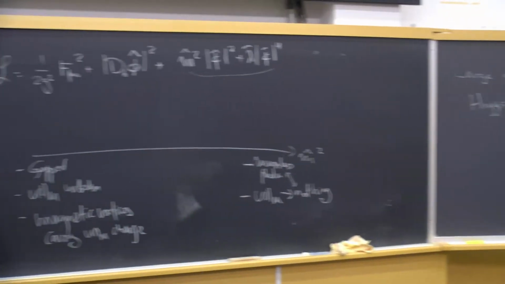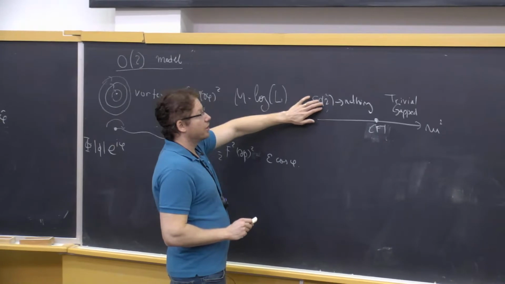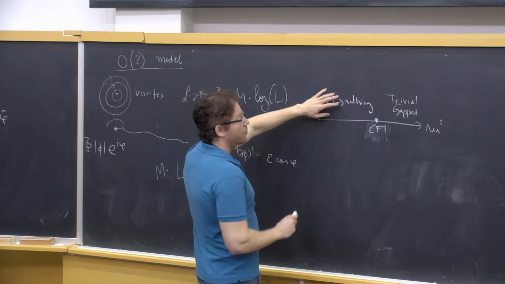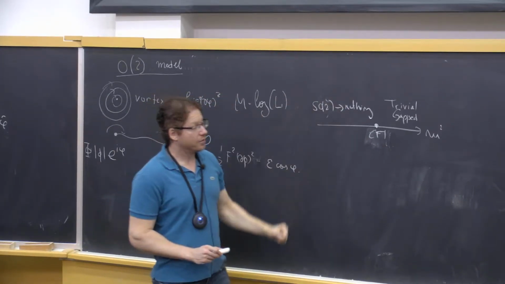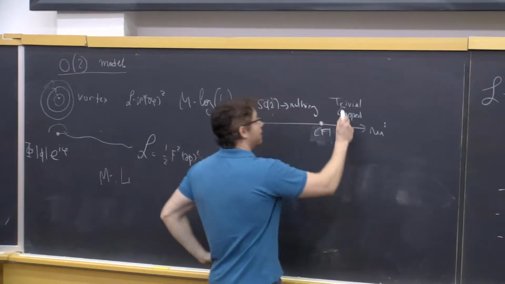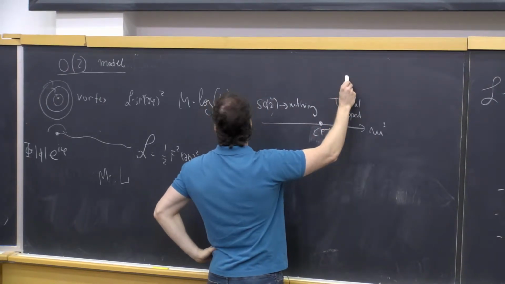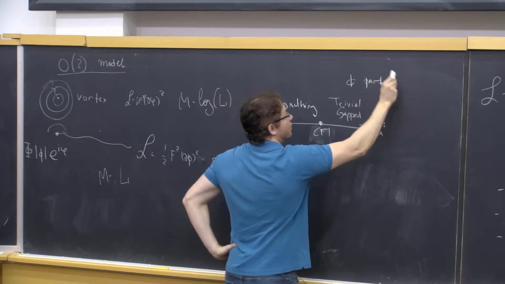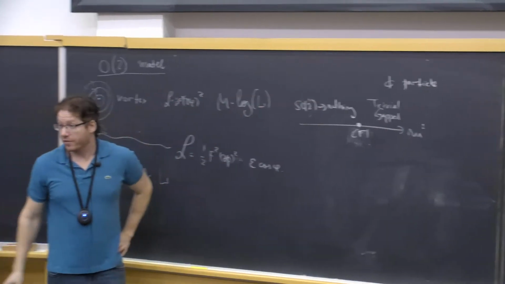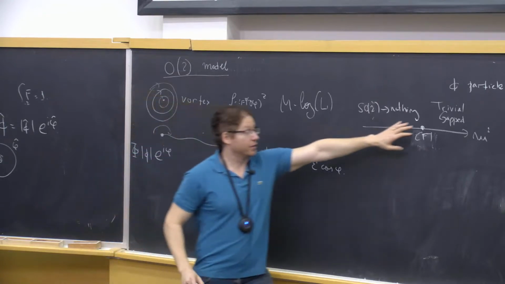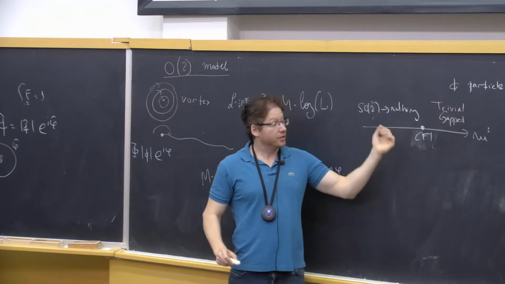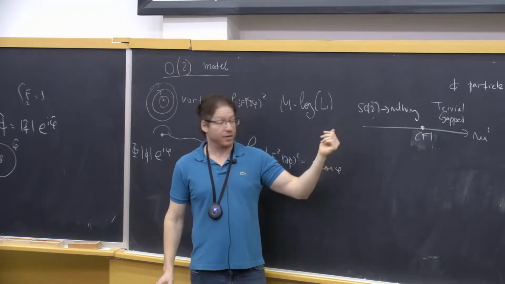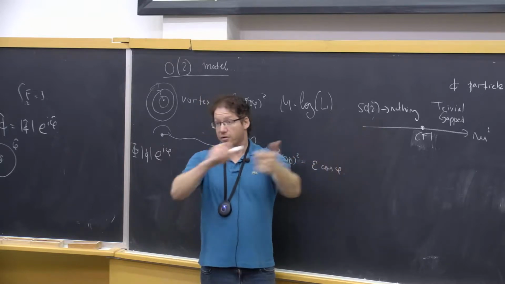We can add a little bit more details here. So here SO(2) was broken to nothing. We had vortices that had infinite energy. But here in the trivial gapped phase, we have the φ particle. The φ particle now carries well-defined SO(2) quantum numbers because SO(2) is unbroken in this limit. So you see that the physics of these two models is extremely similar, except that the diagrams are flipped.